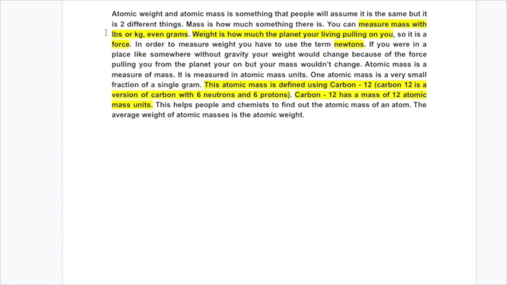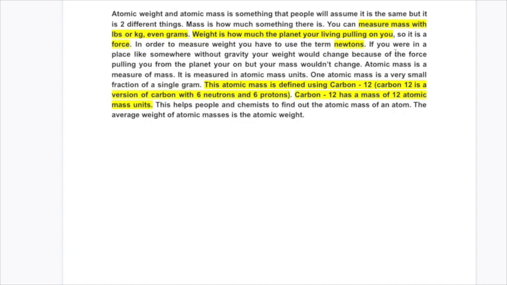Now, you're probably wondering what is weight? Well, weight is how much the planet you're living on is pulling on you. For us, it's Earth. So it is a force. It's how much force is pulling on you on your planet. In order to measure weight, you have to use the unit newtons.